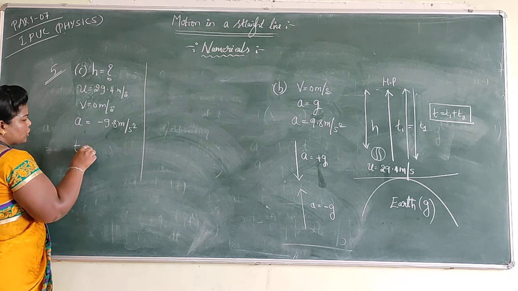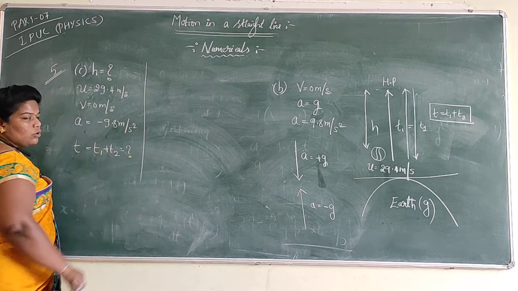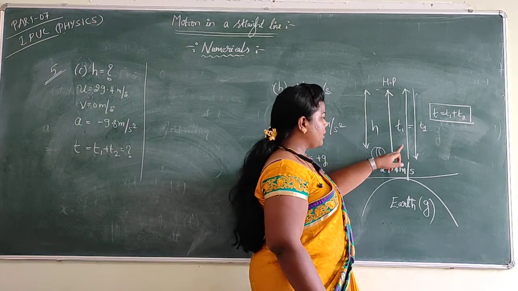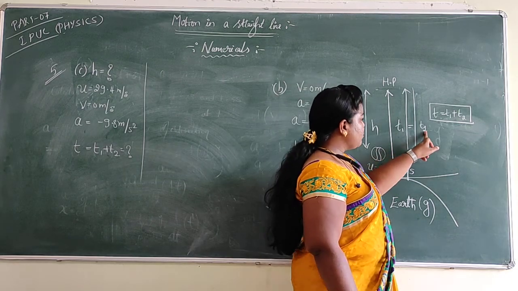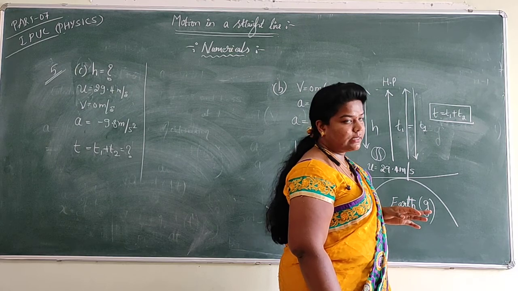So also what we should calculate? T is equal to t1 plus t2 is equal to question mark. Here t1 is the time required to reach the highest point from the ground, and t2 is the time required to reach the ground from the highest point.